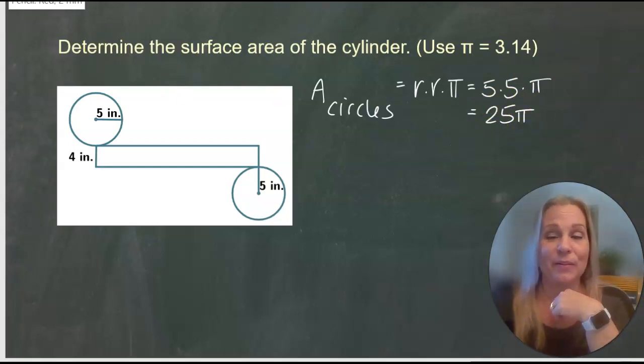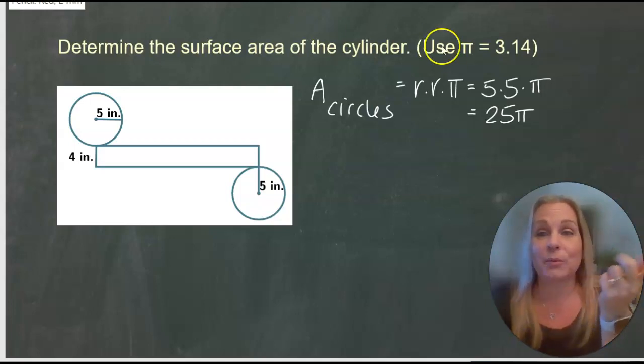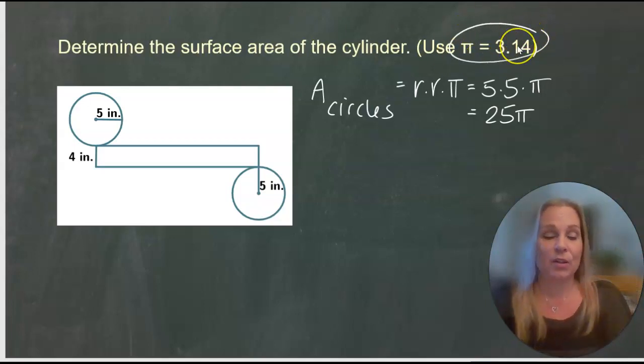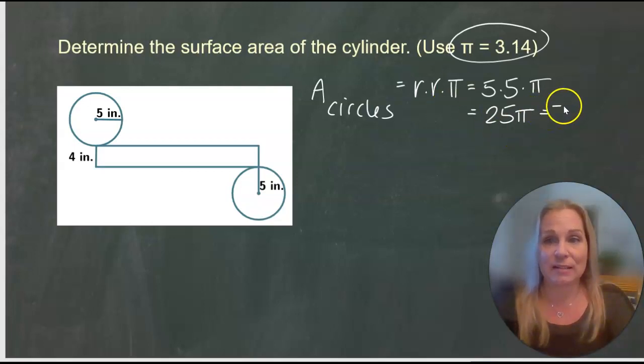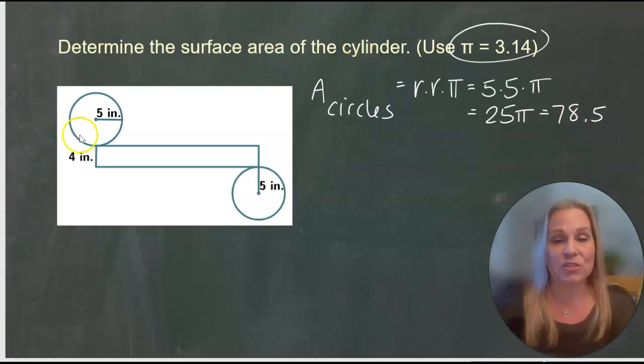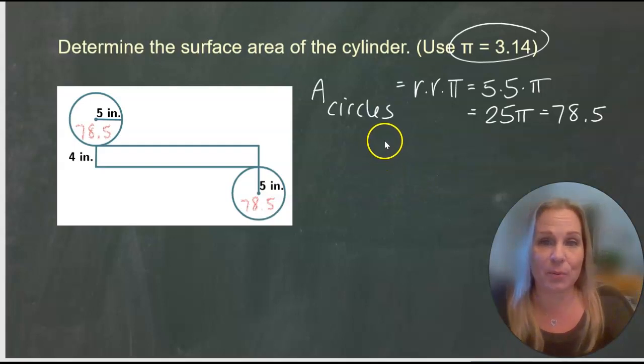But remember, that's just one circle. Oh, let's use 3.14. So 25 times 3.14 is 78.5. But that is just one circle, right? This is 78.5 and this is 78.5. Each one is 78.5.